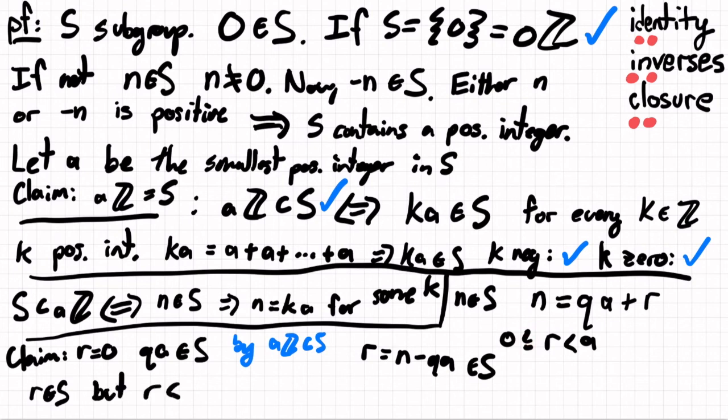But r is less than a, which means that r equals 0, as desired. And that concludes the proof.